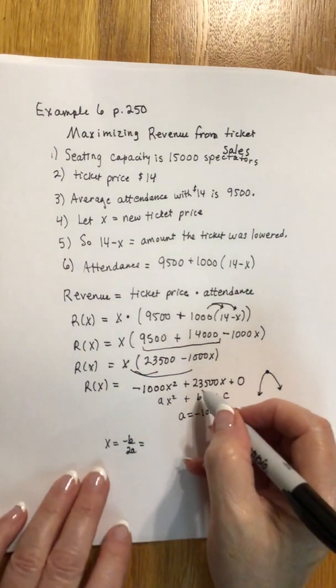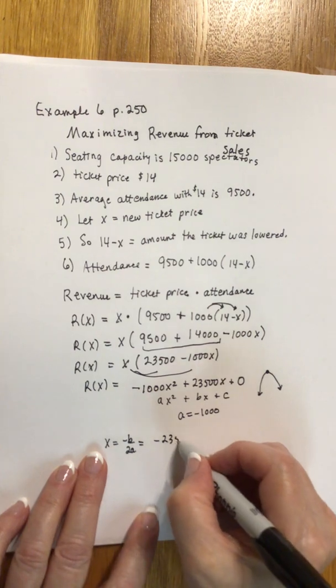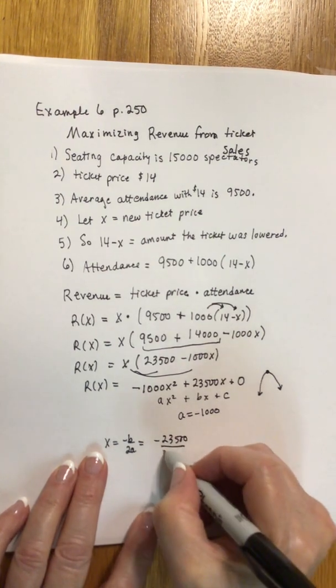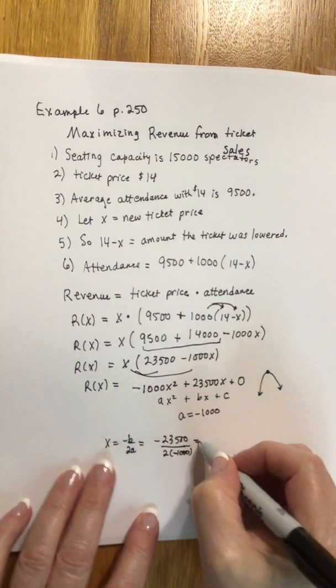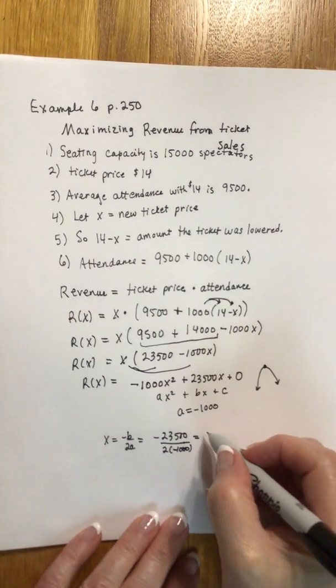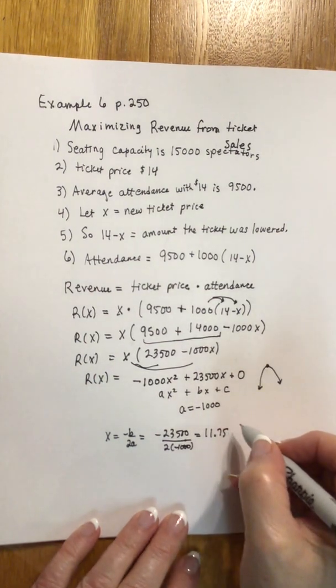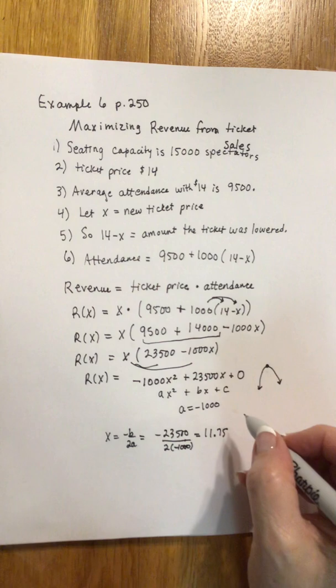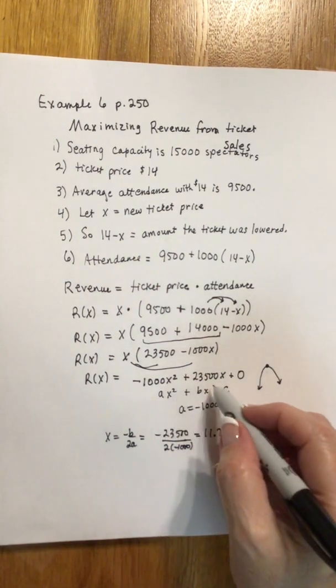So our b is going to be the negative 23,500 over 2 times negative 1,000. So that gives me approximately, it may come out exactly, 11.75. So what do I do with 11.75? I plug that back in to my equation here.